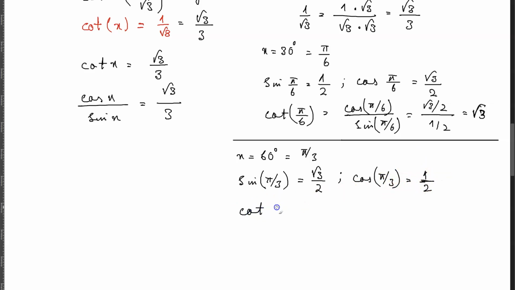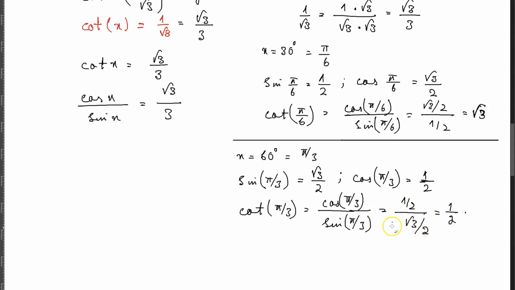That means that the cot of pi by 3 is equal to the cos of pi by 3 over the sine of pi by 3, which is equal to 1 over 2 over square root of 3 over 2, which is the same thing as 1 over 2 times the reciprocal of this, which is 2 over square root of 3, and that's the same thing as 1 over square root of 3.